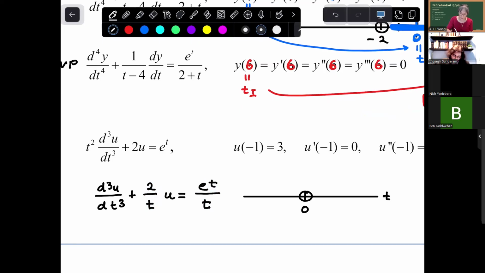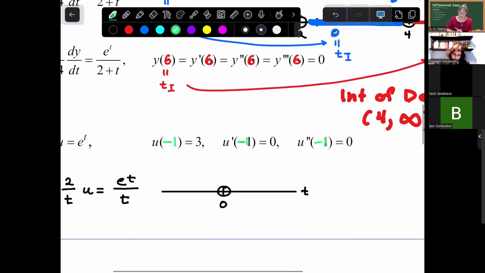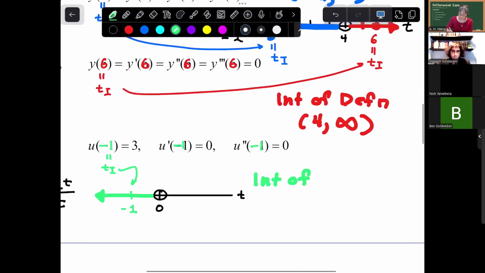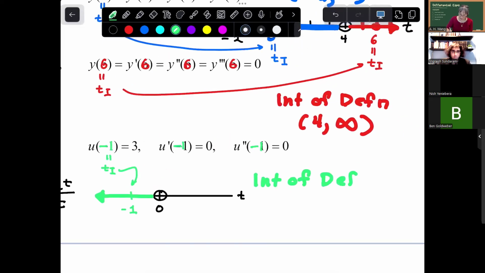And then you just look at, here you go, -1. And -1 is on this side, so I'm going to say this is your t sub i. You can see that that's this guy right here. Did everybody write interval of definition, and say that's -infinity to 0?